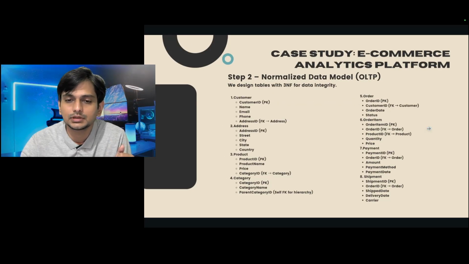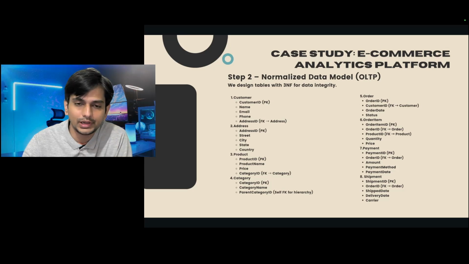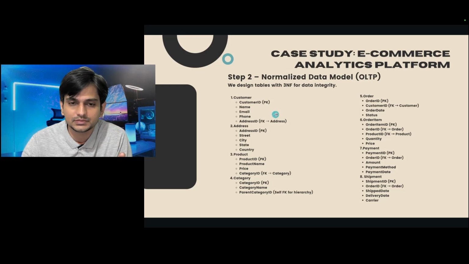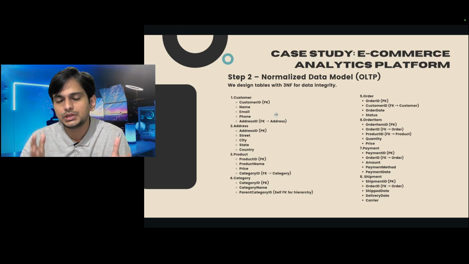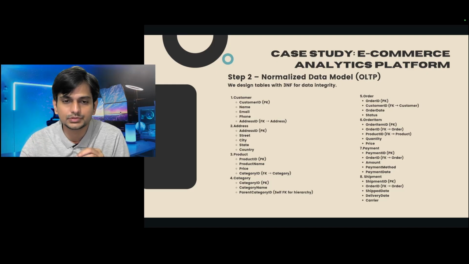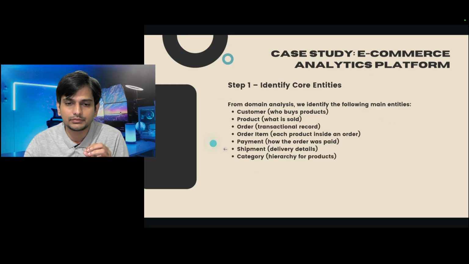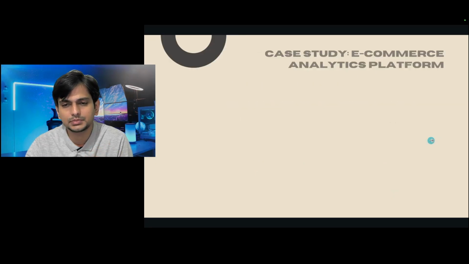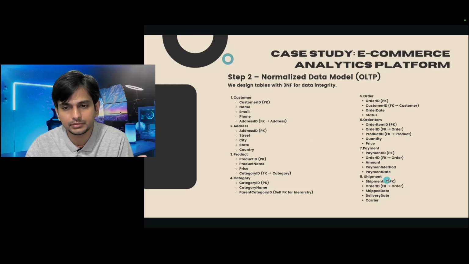The second step is to normalize data. This is for OLTP, so you need to normalize the data as much as possible. That means you split the data in such a way that each entity represents a granular level of detail. Suppose we have identified around 5 tables here, and again we are splitting them into multiple tables, around 8 tables, to make it as normalized as possible. Even the address is normalized here.